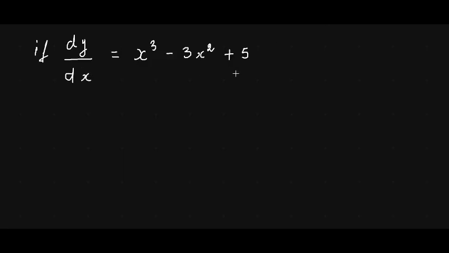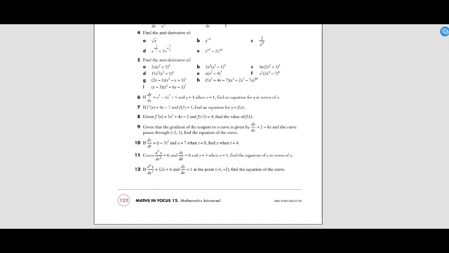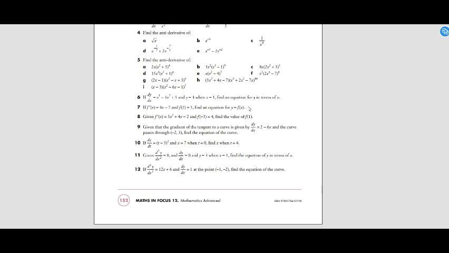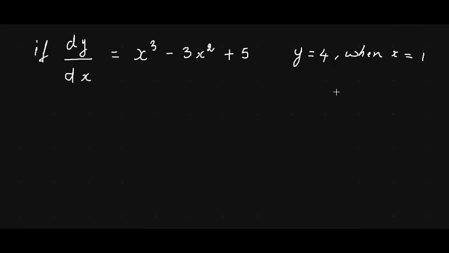Okay. Then they're giving us an interesting thing. They're saying y is equal to 4 when x equals 1. So the value of y is equal to 4 when x is equal to 1. Find an equation of y in terms of x. Okay, so then they're saying find out y in terms of x.